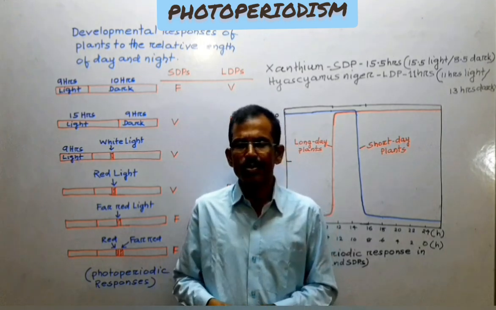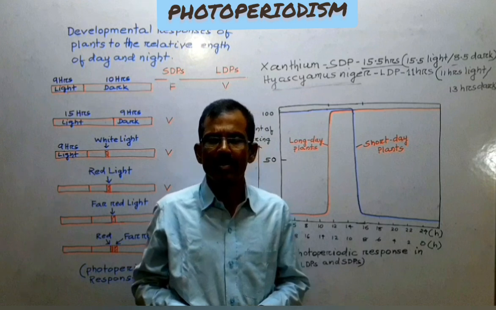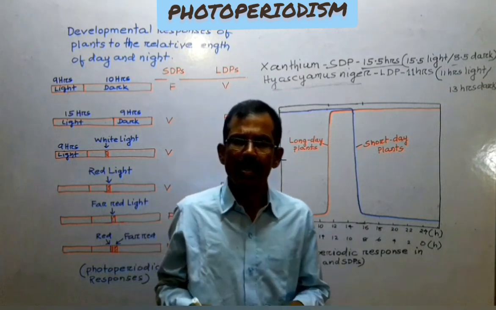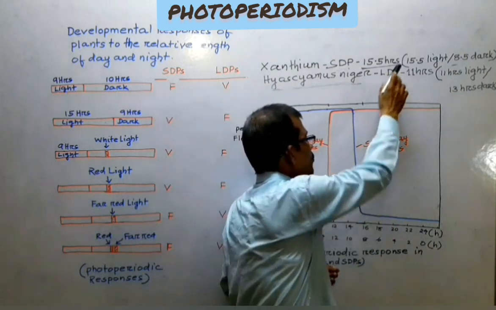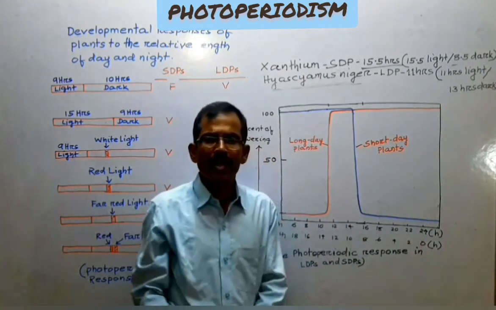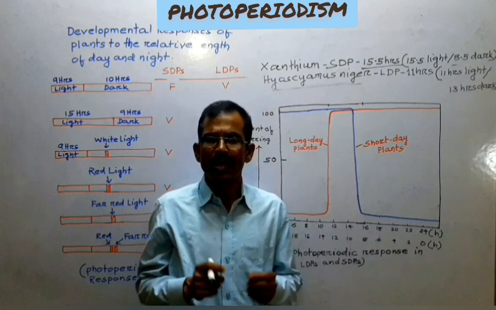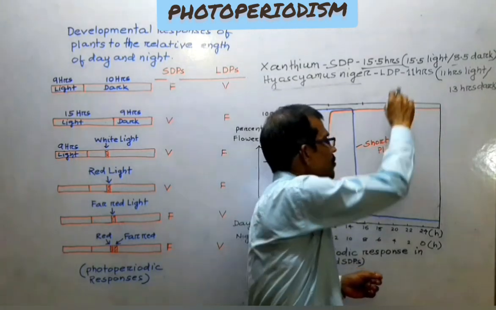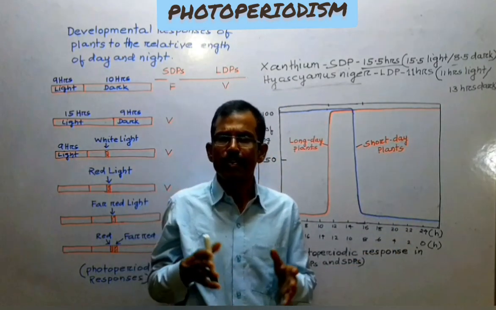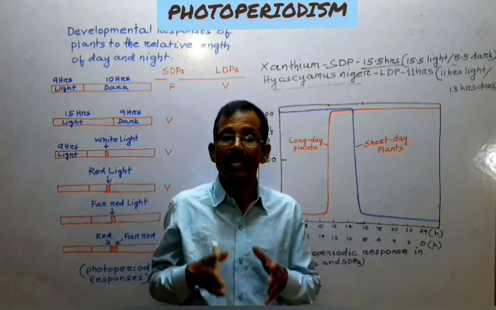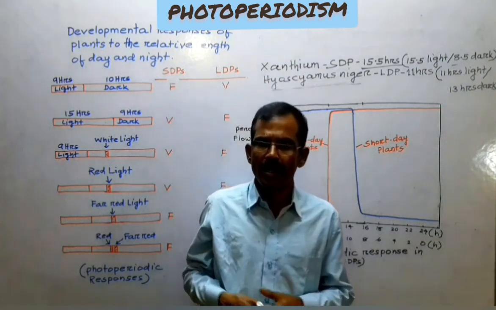night. For example, in the case of a short day plant such as Xanthium strumarium, the critical day length is 15.5 hours. That means this plant requires a day length of less than 15.5 hours and a critical night of 8.5 hours of uninterrupted darkness for promotion of flowering.